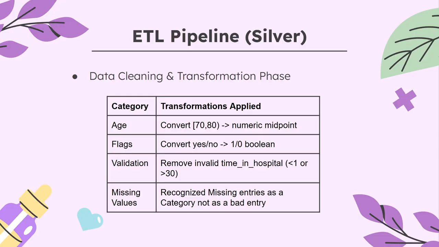Missing values: there were technically missing entries as a category, but not as a bad entry. For instance, for diagnosis 1, 2, and 3, there could be a diagnosis for 1, a diagnosis for 2, but in column 3 it could say missing, which just means they didn't take a third diagnosis.